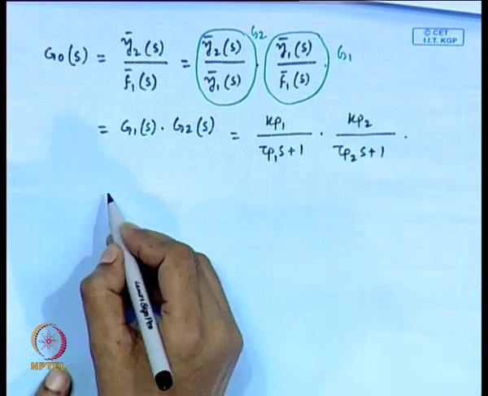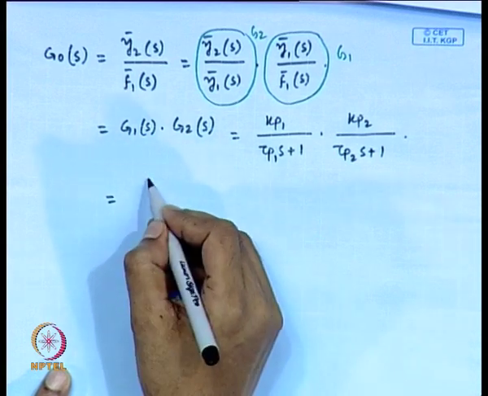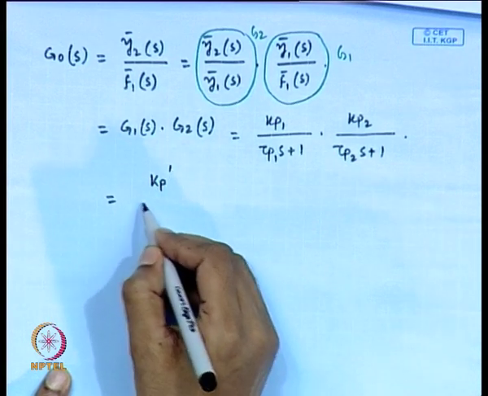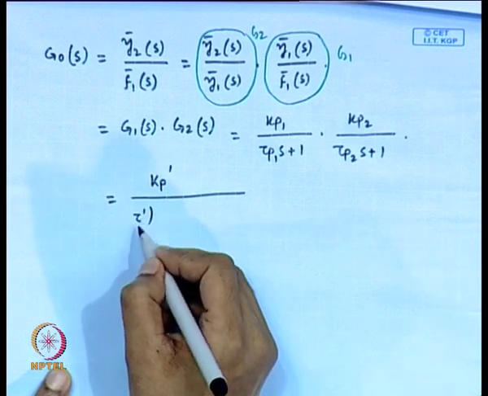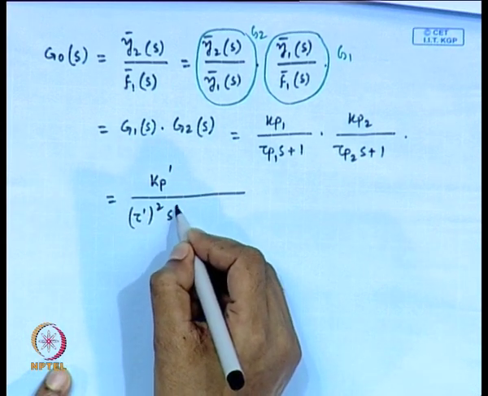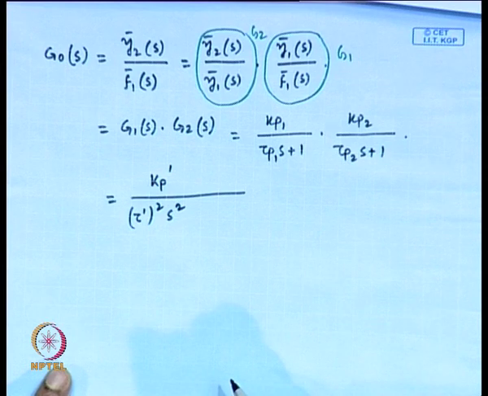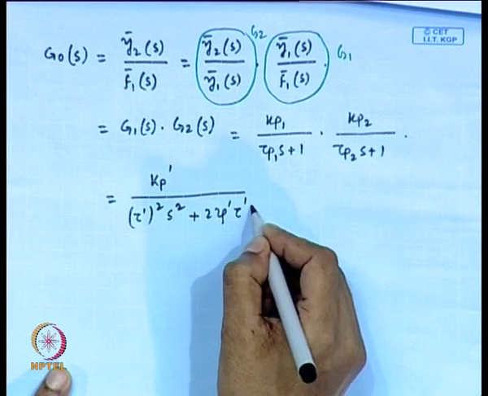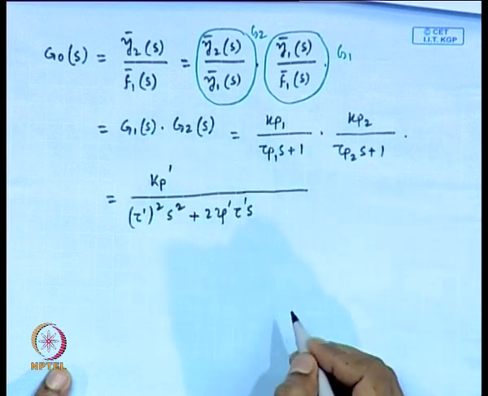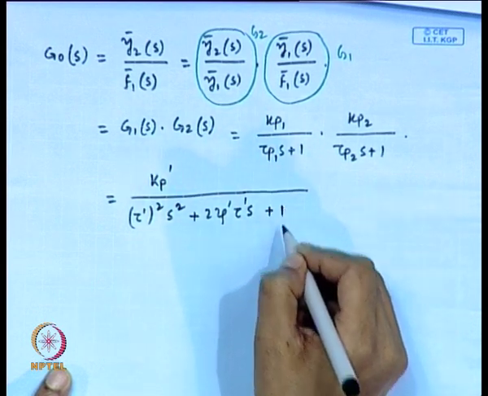Fine. So, we can write this expression as k p prime divided by tau prime whole square s square plus 2 zeta prime tau prime s plus 1.